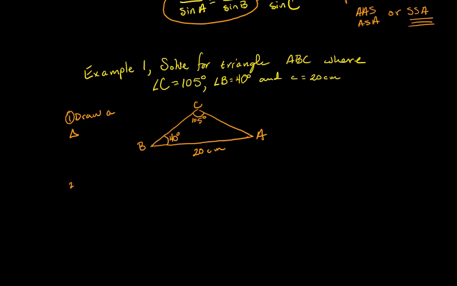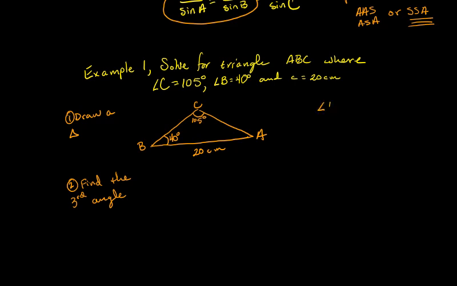Second thing we're going to do is find the third angle before we do anything. If you're given 2 angles of a triangle, you should always be able to find the third angle. All right, so I'm going to set up my answers too. I like to just kind of be really thorough.